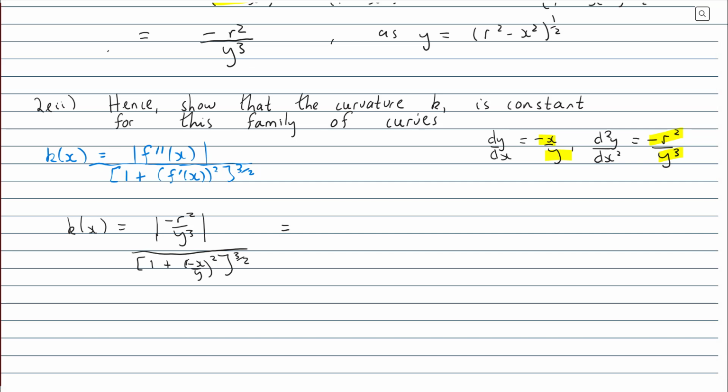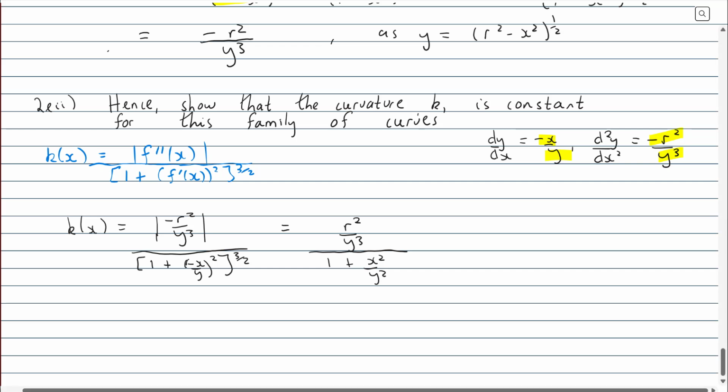Now the absolute value of negative r squared over y cubed is just r squared over y cubed, and in the denominator, the negative x all squared just becomes x squared over y squared, and then that whole thing to the power of 3 over 2.